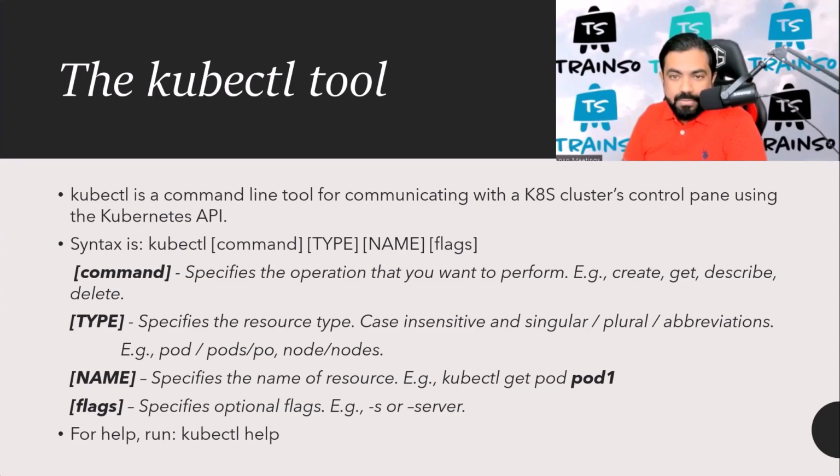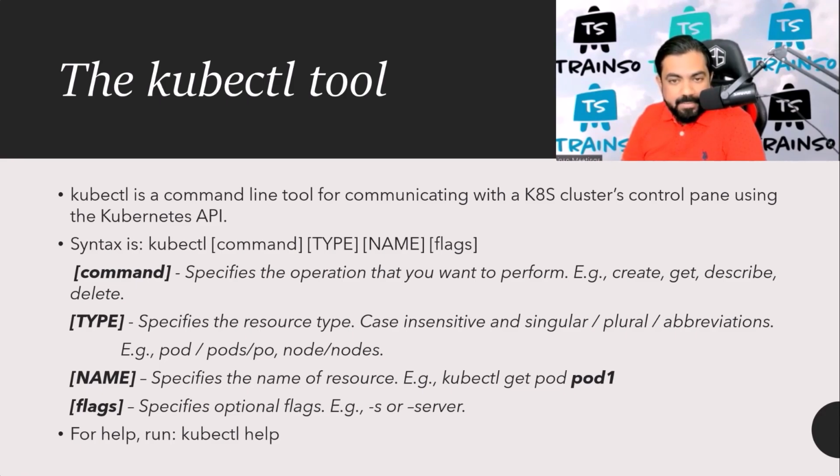The kubectl tool, one of the tools that we will be using very frequently. Kubectl is a command line tool for communicating with the Kubernetes cluster's control plane using the Kubernetes API behind the scenes. The syntax is kubectl command type name flags.